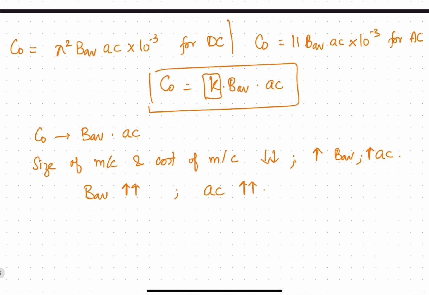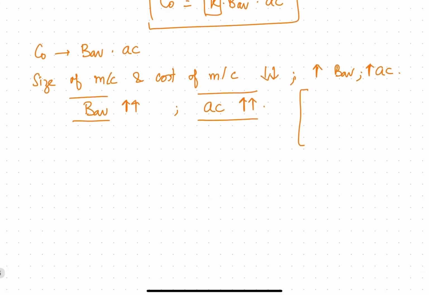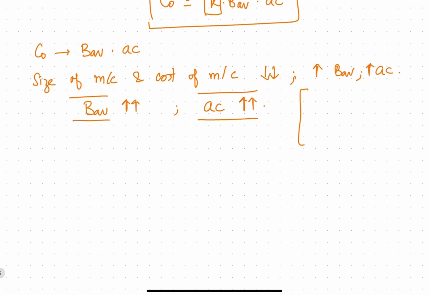Naturally, this is logical as well, you cannot increase these without bound. There are counter effects of increasing them without bound, so the designer has to see whether temperature considerations allow us to increase these.